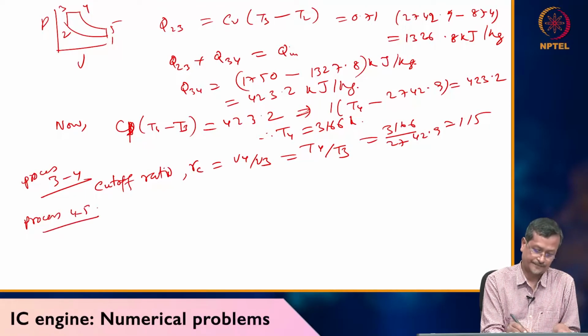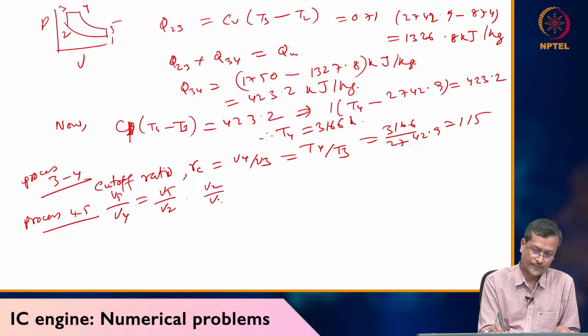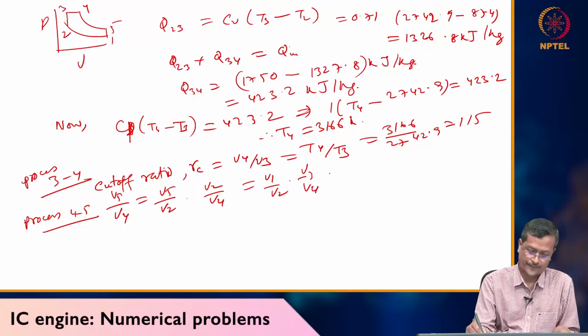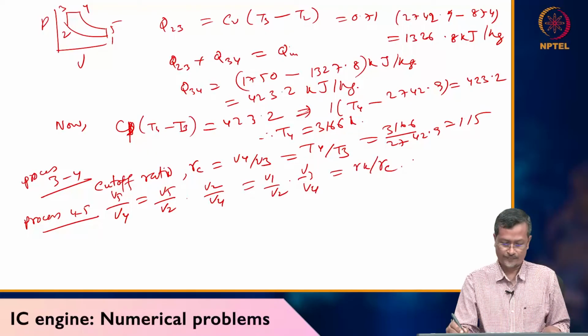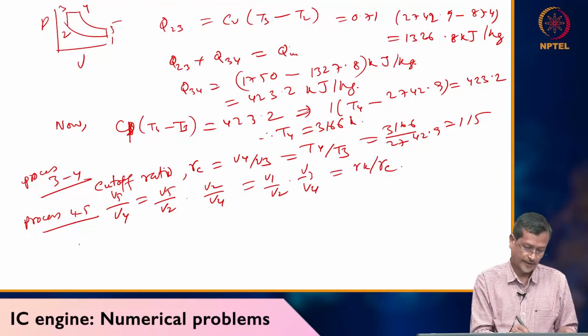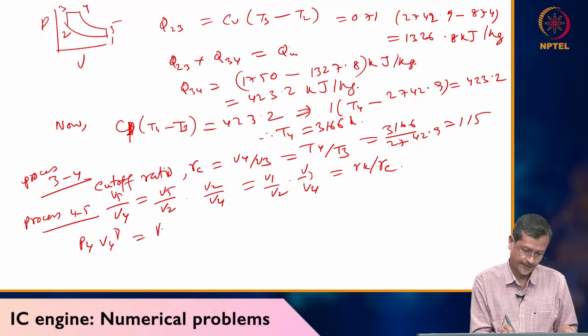Now process 4 to 5. V5 by V4 equals V5 by V2 into V2 by V4, equals V1 by V2 into V3 by V4, equals R by RC. Now P4 V4 to the power gamma equals P5 V5 to the power gamma.